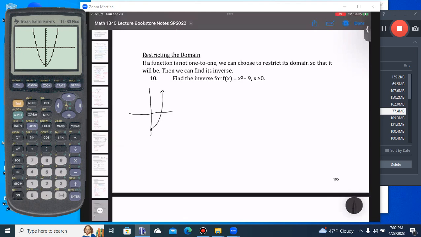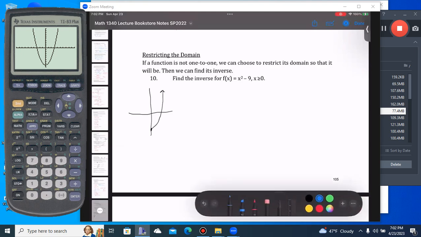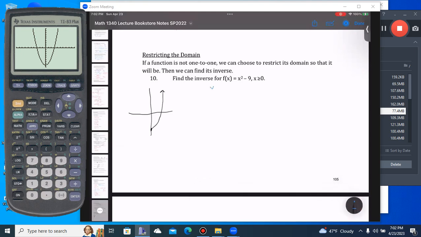What's that mean for the inverse? Well, in this particular case, we have y equals x squared minus 9. Switch your x and y, add 9 to both sides, then take the square root. We have y equals square root of x plus 9. So inverse of f of x is going to be square root of x plus 9.